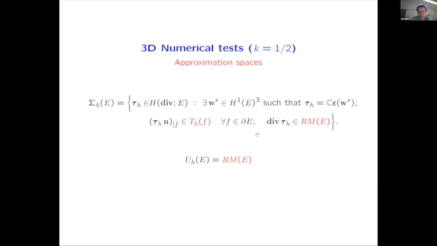Just a few words about the 3D case. For the lowest order case, we have a 3D version, as I mentioned before, of our method. Basically, the stresses and the displacements are designed using the same philosophy.